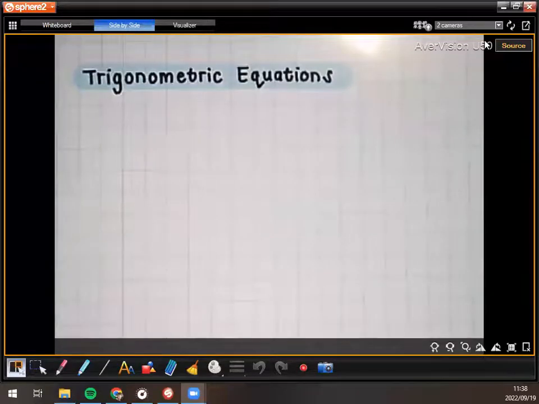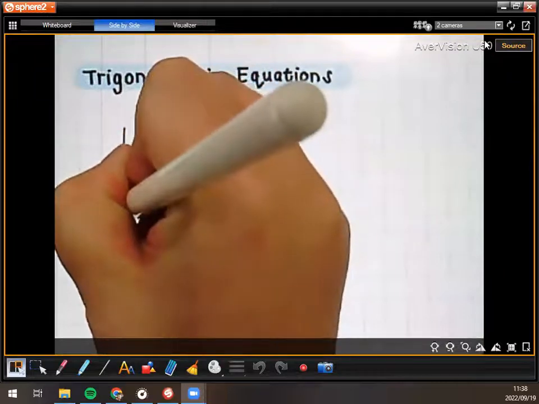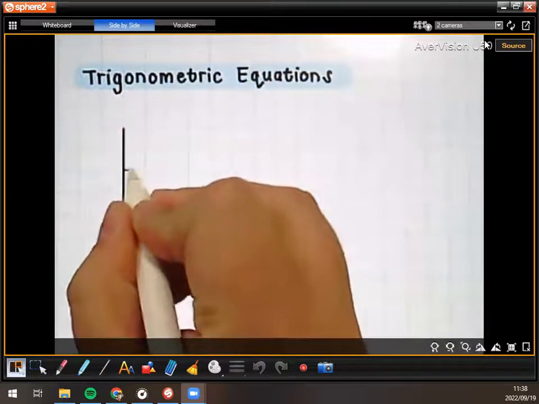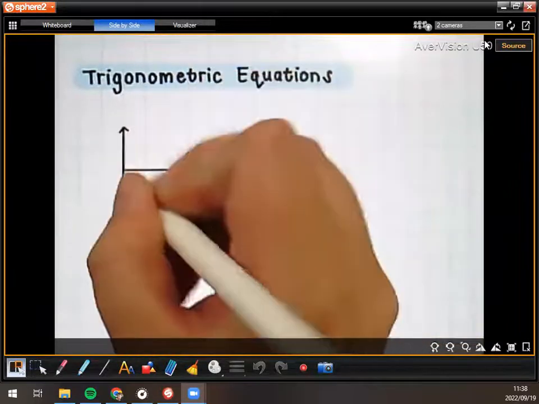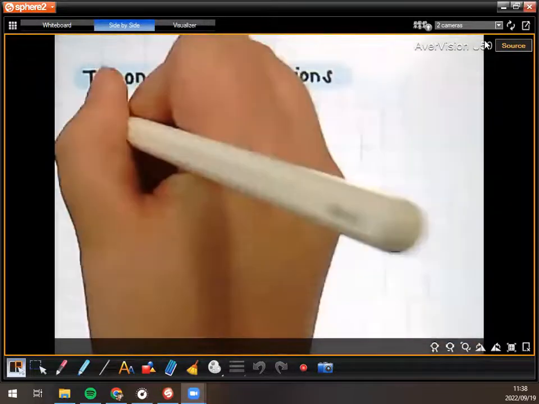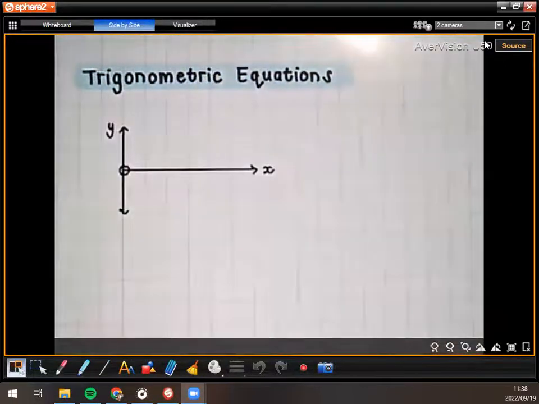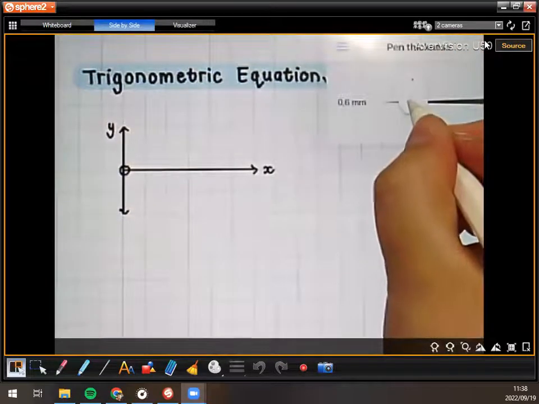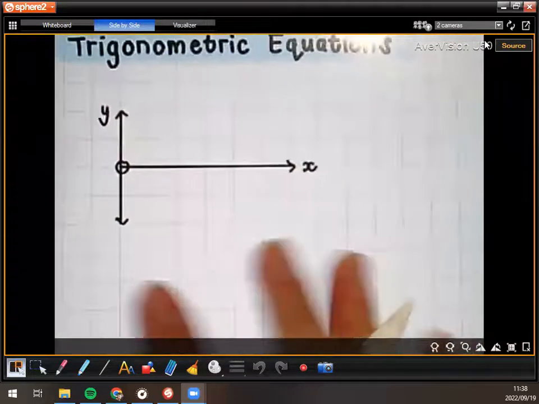Okay, now with trig equations, it's different from other equations. What we need to remember, I'm just going to draw one sine graph here, which I do want you guys also just to copy down. Just going to do a very basic one. Just going to zoom in a bit.